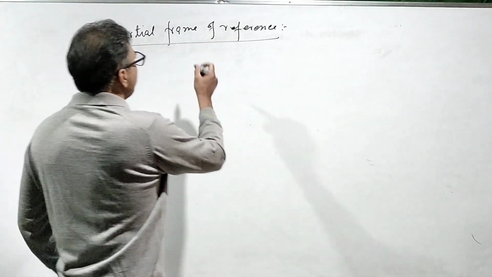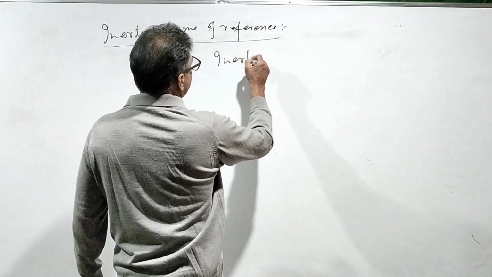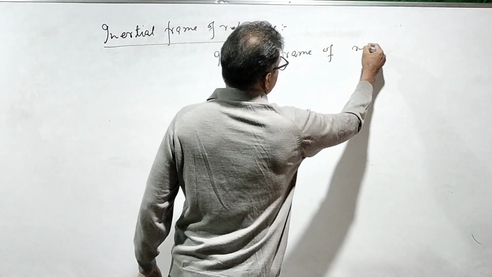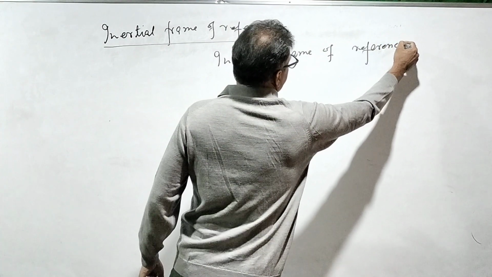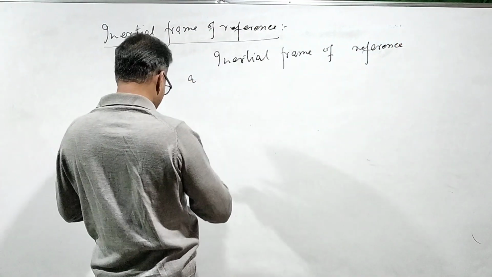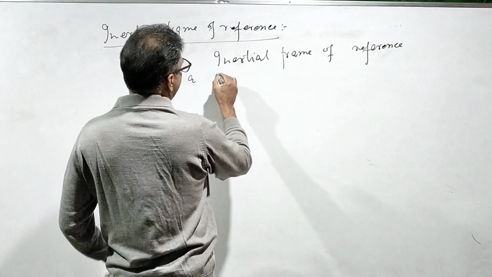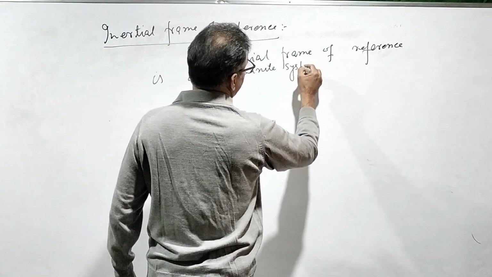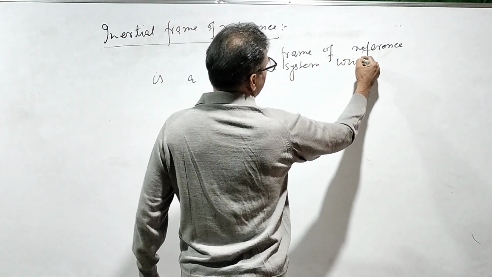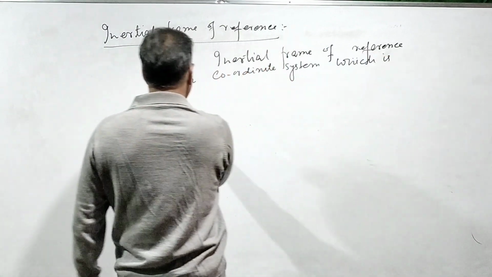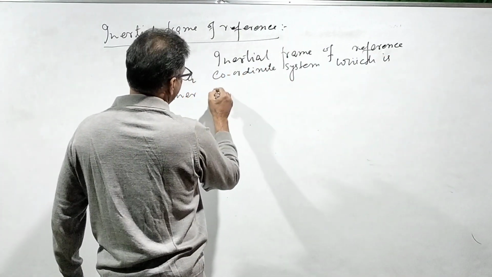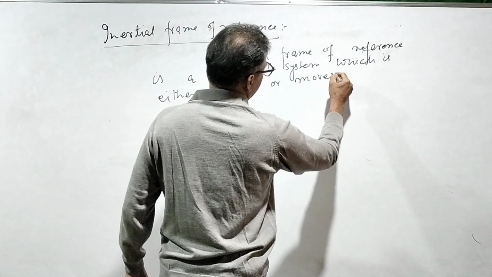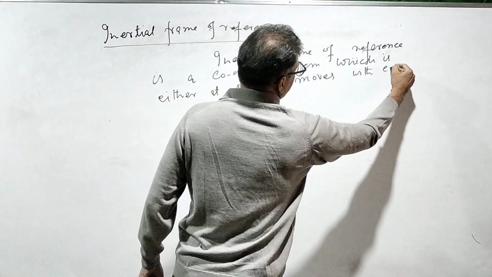Okay, now let me write: inertial frame of reference is a coordinate system which is either at rest or moves with constant velocity.